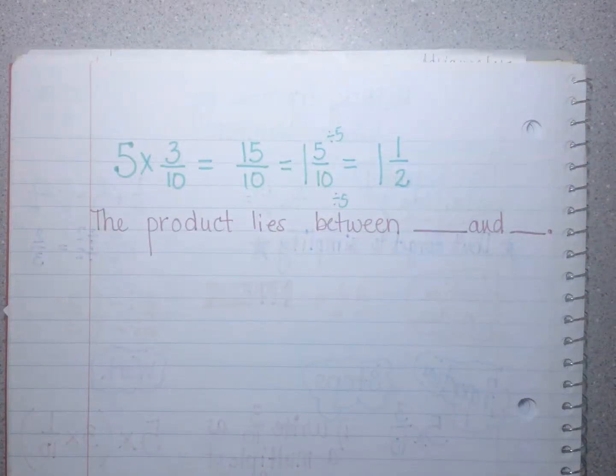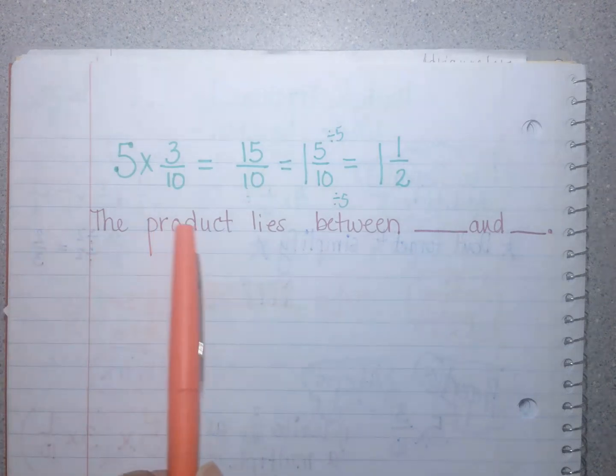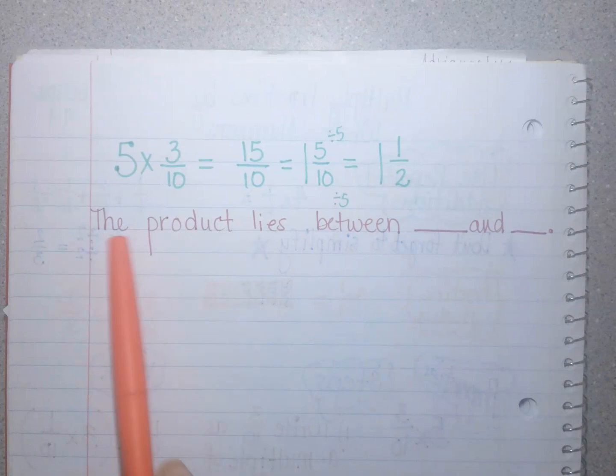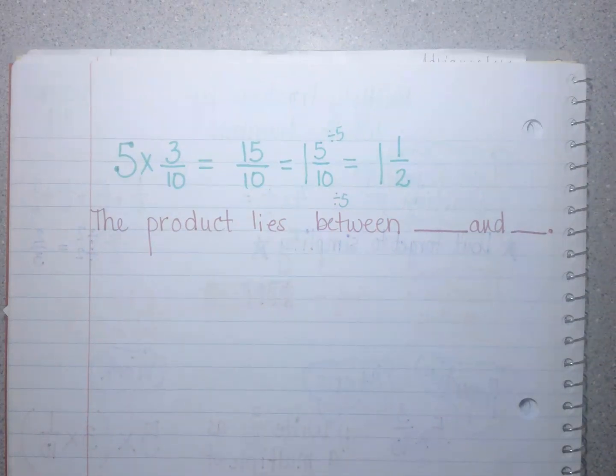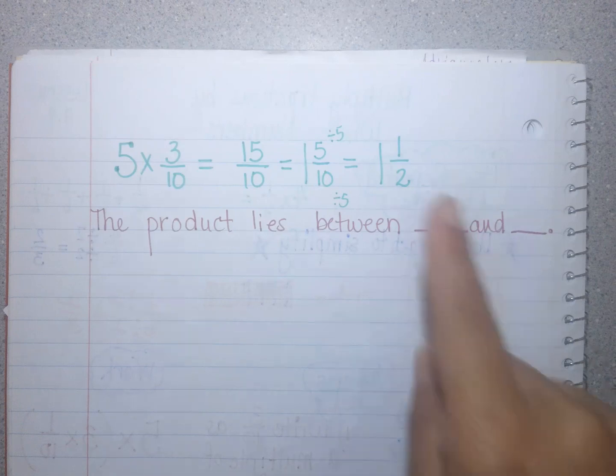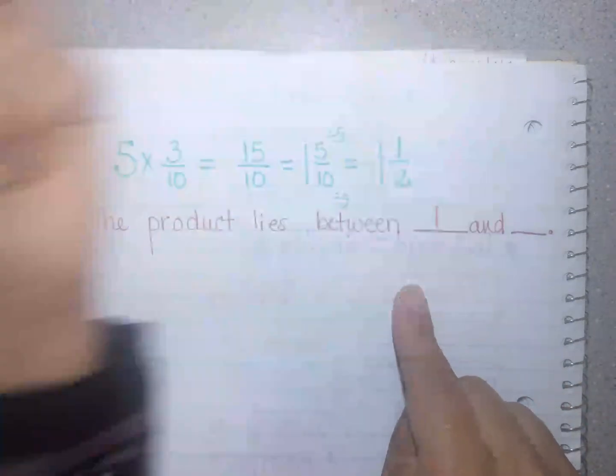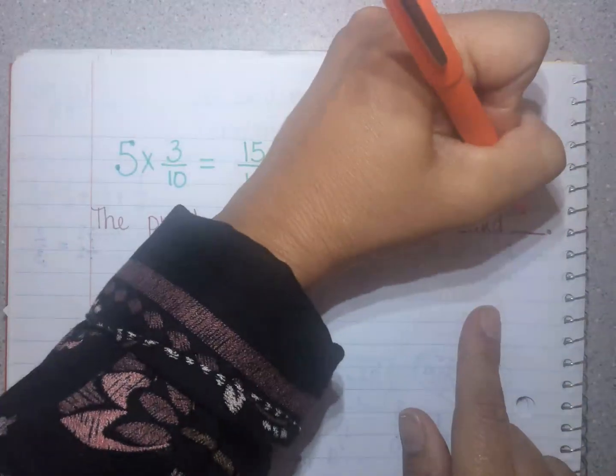Okay, so here's the part that you will see in your lesson today, and it means this. This product lies between which two whole numbers? Lies between the number 1 and 2.